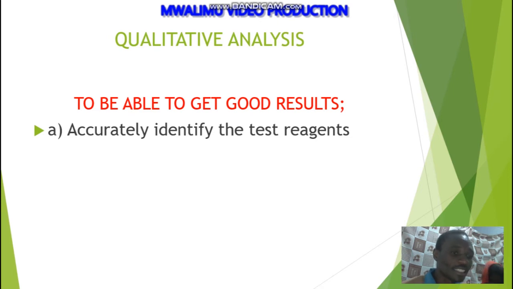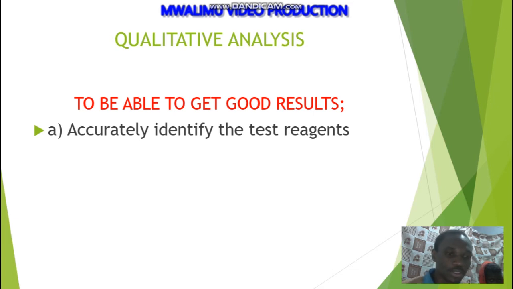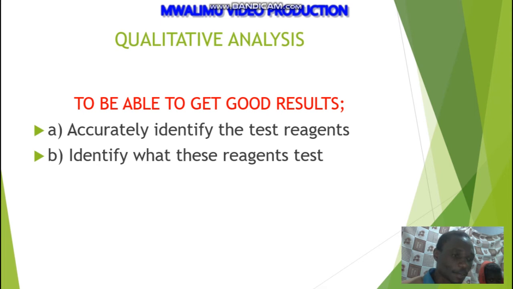I'm going to introduce to you the test reagents and what they test, okay? So that at one point or the other, when you meet those reagents in the chemistry practicals, you will not be startled by them. You will be able to recognize these reagents, and you will be able to predict what they want to test, and you can comfortably carry out the testing and give the conclusions of the tests that you give.